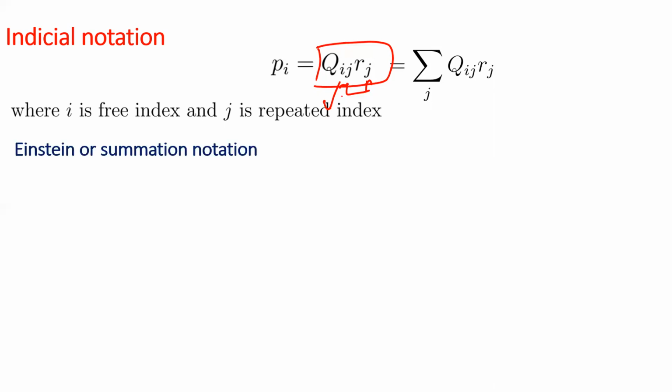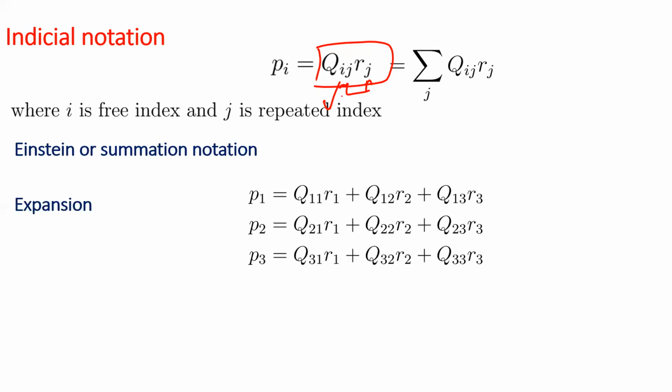So in other words, if I expand it, this is what you get. You change the value of i on the left hand side, and likewise on the right hand side you will end up changing the values of i. In the first expression, i is 1 and j varies from 1 to 3.